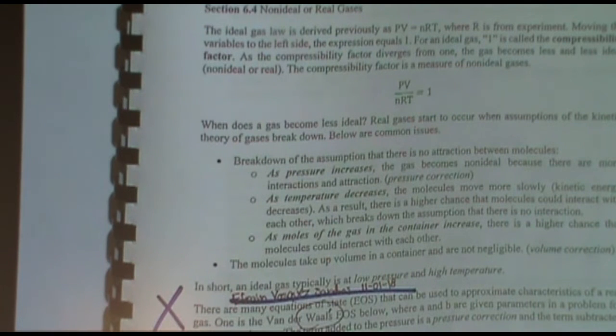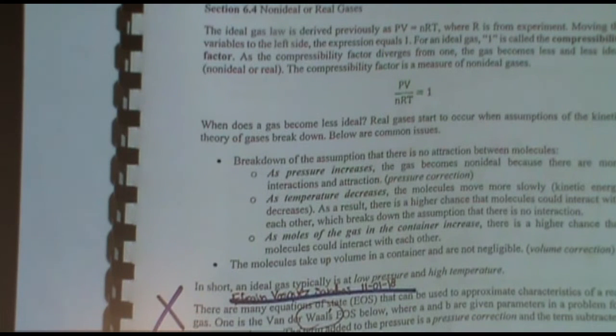As the pressure goes up, there are more interactions and the gas becomes more real, or less ideal. Or as the temperature goes down, the particles go slower and there are more interactions. The assumption that there are no interactions breaks down again. So that's what the top bullet is really about, different categories where that can happen. So just be familiar with those sort of things on a conceptual basis.